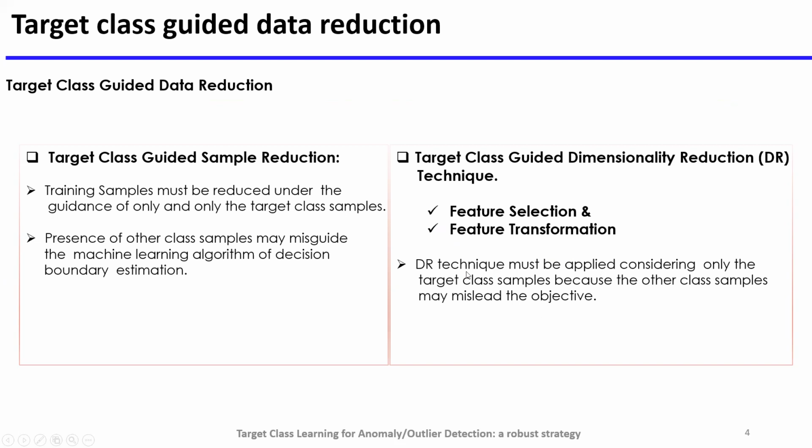So dimensionality reduction techniques must be applied considering only the target class samples, because the other class samples will surely misguide the objective. We have already considered that at the time of training we only have the samples of the class of interest, so the process of data reduction must be guided by the target class samples because we do not have any other option.